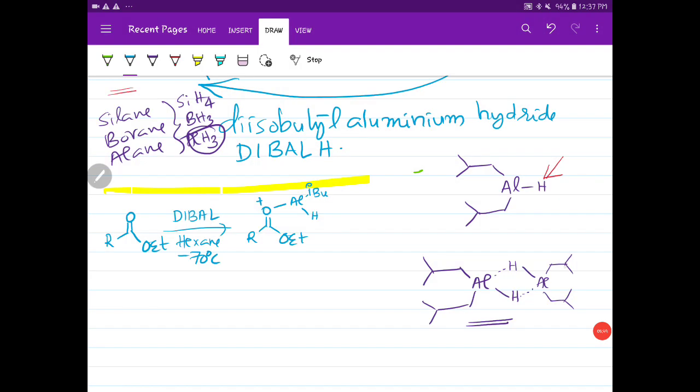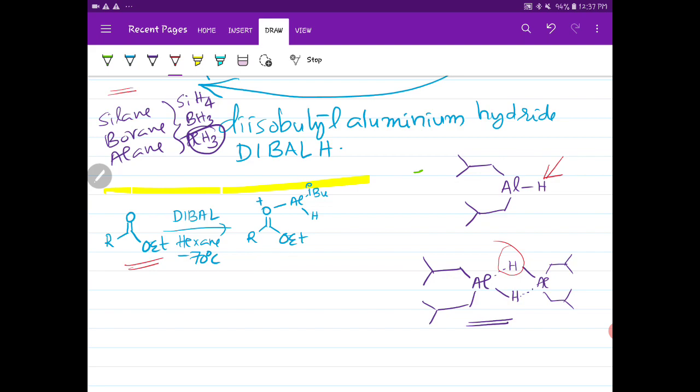One more interesting factor about diisobutyl aluminium hydride is that by itself, it's not a reducing agent. It cannot release hydrogen or hydride. So how does it happen? DIBAL will react with the ester, and there will be the formation of a Lewis acid-base complex.